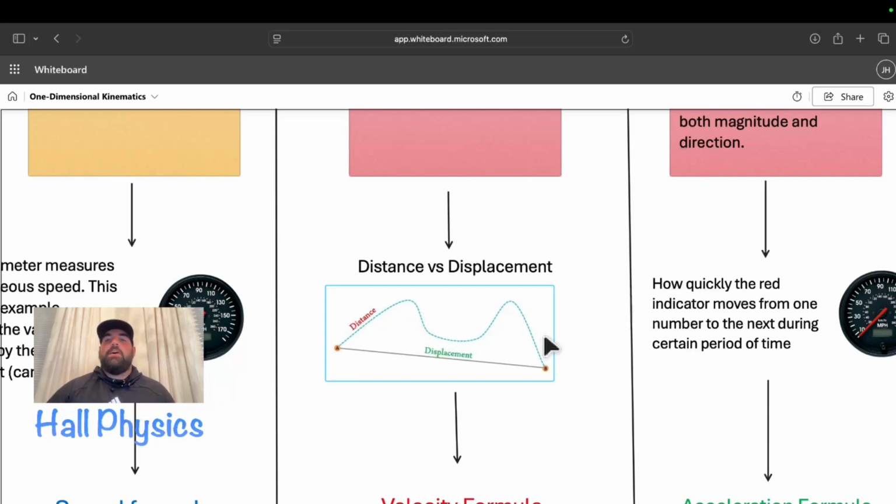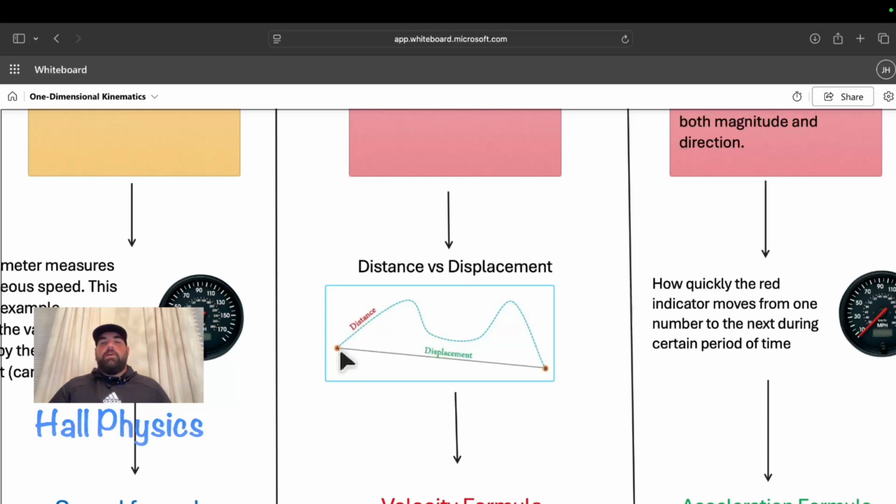Okay, notice how I said I jogged 3 miles. I didn't tell you the direction I went. I just gave you the magnitude value. Okay, so distance is the path I take, whereas displacement is the direction I go. How far in the direction I went did I get displaced from my original A point to my B point? Okay, so displacement is usually a straight line.